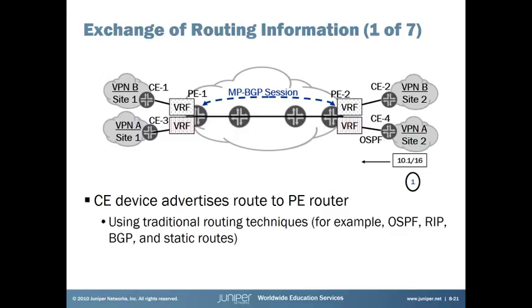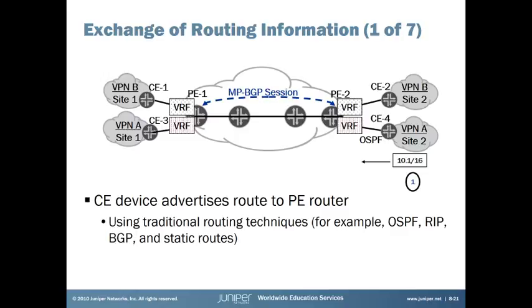Let's go through the whole process from start to finish. The CE device advertises the route to the PE router. Remember, there's a directly connected interface between the PE and the CE. So the CE advertises the route to a PE. Doesn't matter how it advertises, could be static, could be OSPF, RIP, let's hope not, BGP, whatever. It could be any of those things.